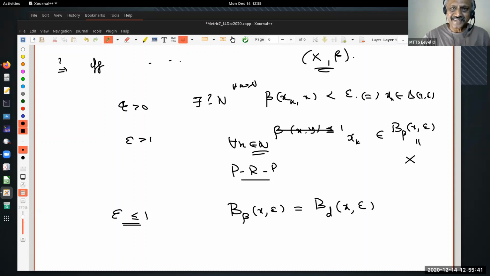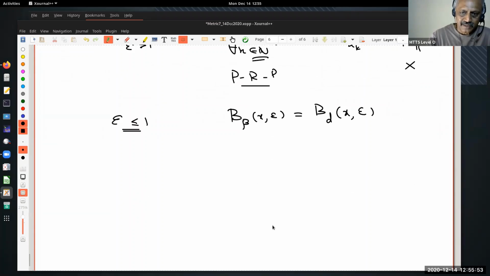I had already seen it, so it's easy because we already used it at many places. To prove that a set is open in X_beta if and only if it's open in X_d, there also we use this fact. Now it's easy, right? So suppose I want to prove this for beta, then what will I do?